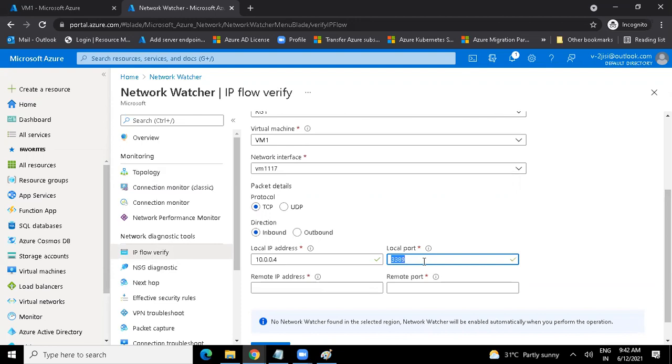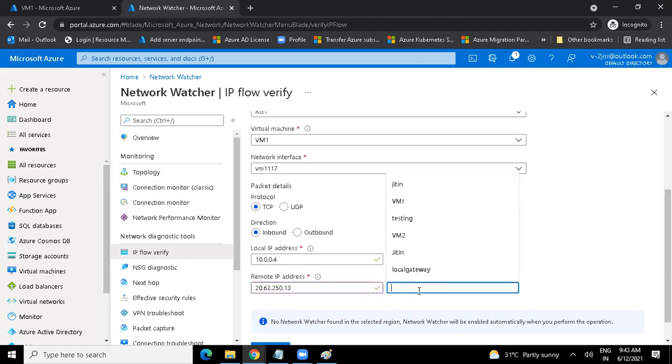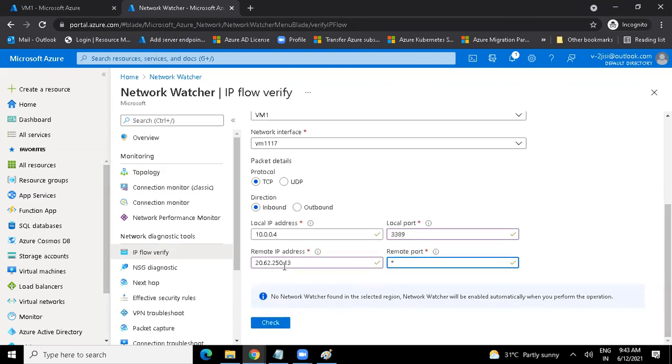RDP we hit on 3389. What is the remote IP? The remote IP will be the public IP of the machine. On which port am I trying to hit? Let's say I am hitting on any port. So from my laptop, I am hitting the VM number 1 public IP on any port, and then it is hitting the local IP on port 3389.